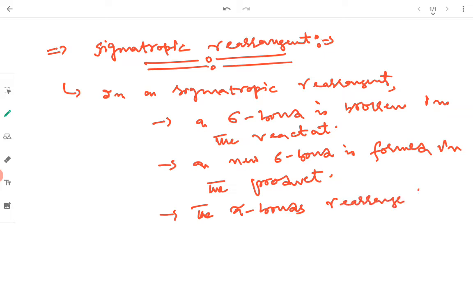The pi bonds rearrange, or they move from one location to another location.